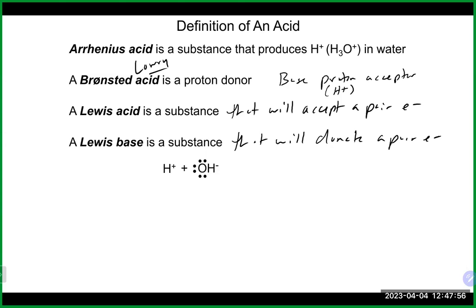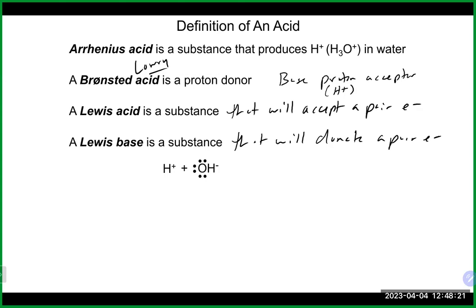Now, just because somebody has a pair of electrons doesn't necessarily mean it's able to donate them. Things that can donate electrons are things that are electron rich. So those are a lot of things with negative charges, right? The only way you become negatively charged is you gained electrons, which means you got some to give. Also, non-bonding electrons in polar molecules are guys that can give away electrons.